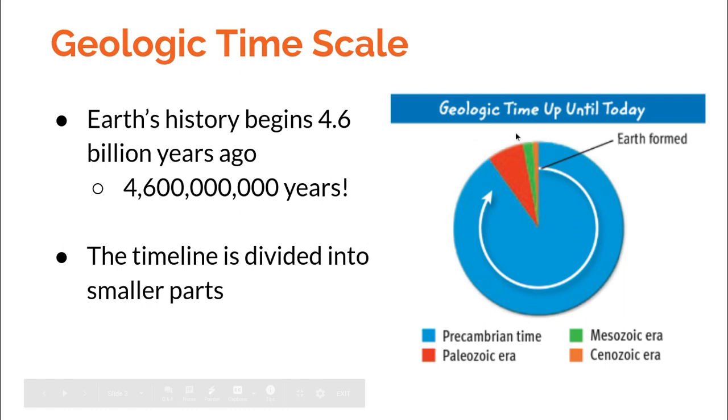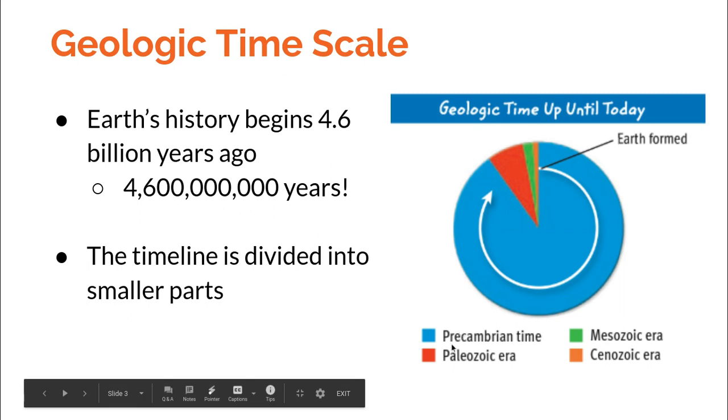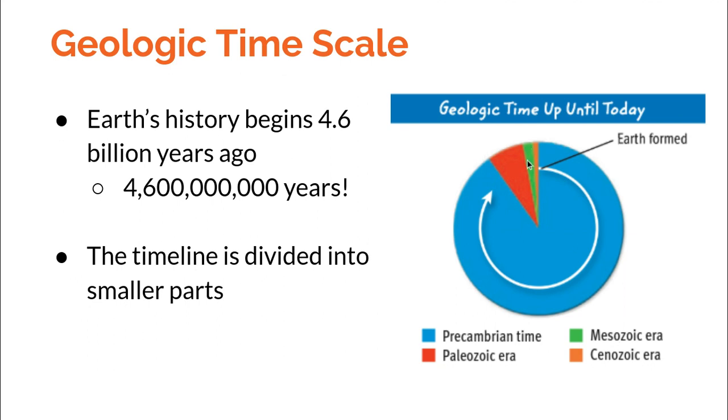If you take a look here, this chunk of time, which is pretty small compared to the Precambrian time, is where we're starting to see more complex plants and animals, mammals, reptiles appear on the Earth. So after the Precambrian time comes the Paleozoic era, then the Mesozoic era in green, that's the age of the reptiles, that's where the dinosaurs were on Earth.